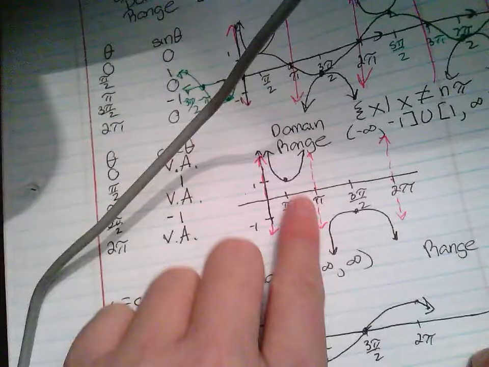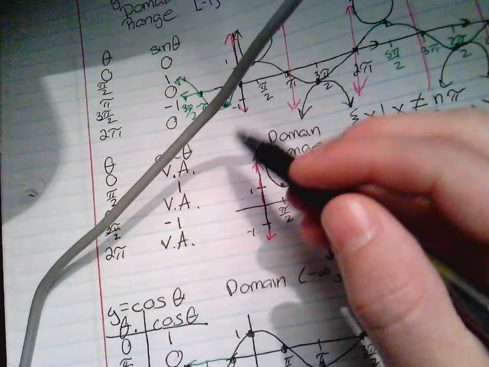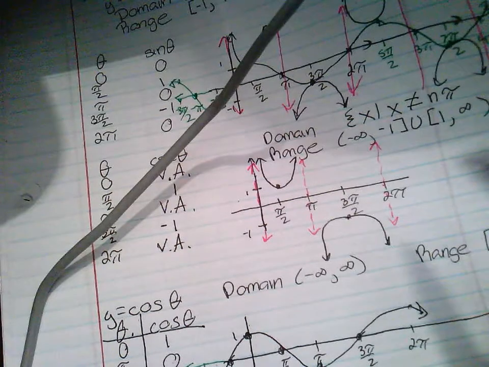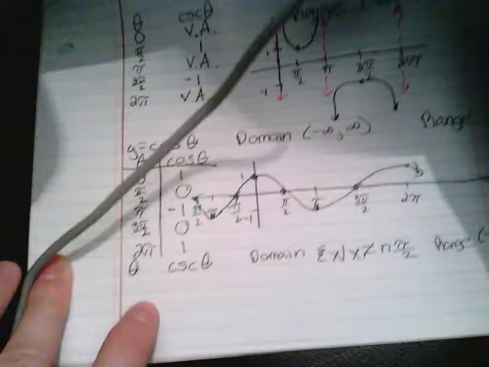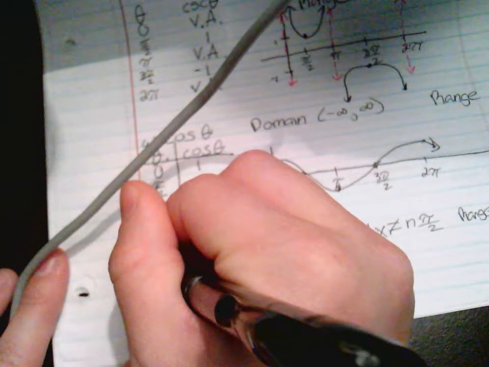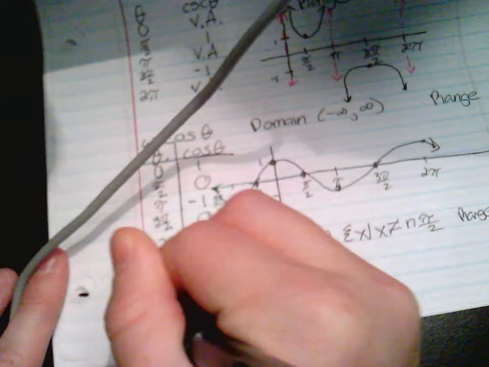I would rather just see the whole thing, like a smiley and a frowny, not a half smile and not a half frown. So that's going to be negative pi over 2, 0, pi over 2, pi, and 3 pi over 2.